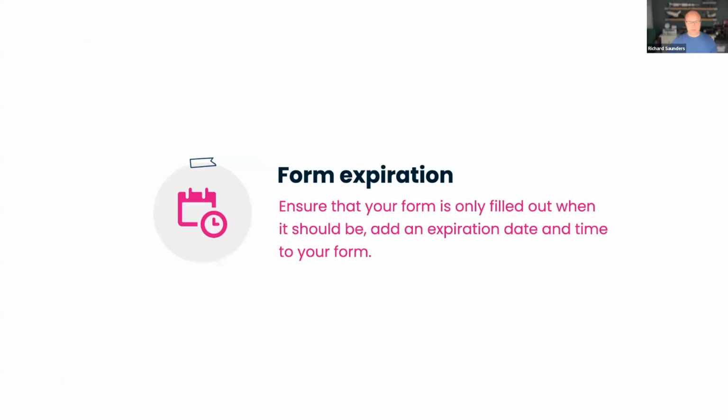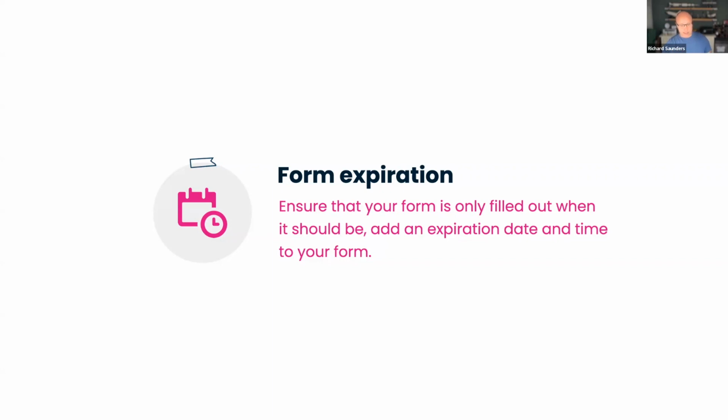There are also times when you produce a form, maybe for an event registration, and you want that form to expire at a particular date and time, where no more forms can be populated, or nobody else can respond or sign up for that event.